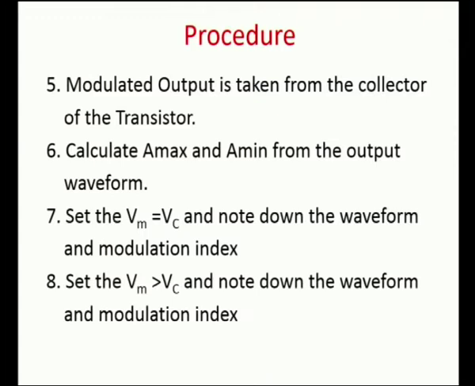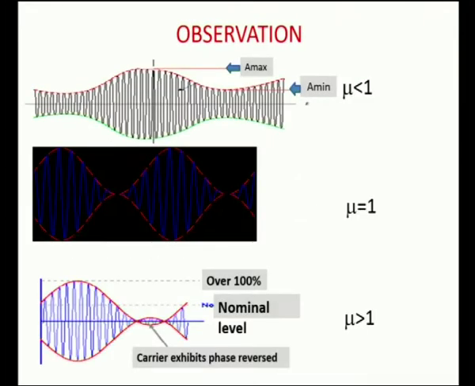One critical observation is when your message voltage is exactly equal to the carrier voltage. The other is when your message voltage is very much greater than your carrier voltage. For these 2 cases, see what the modulation index is and how the waveform looks. This is the case for mu less than 1.